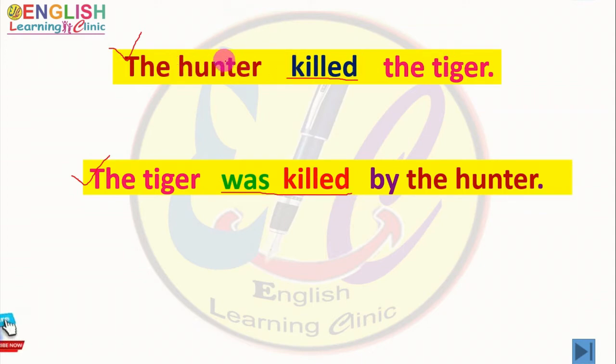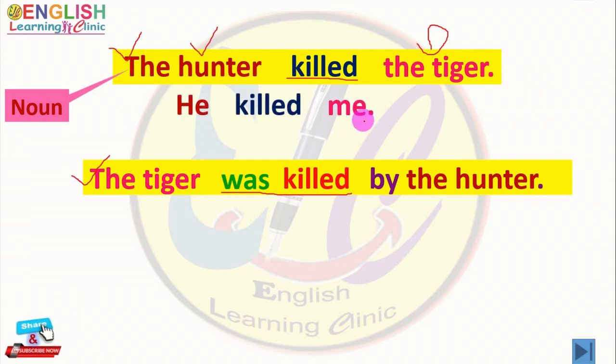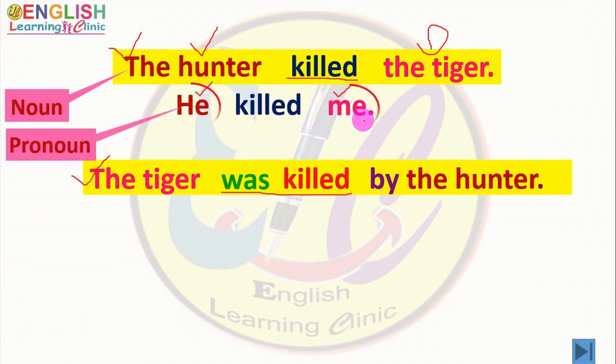In this sentence, the doer and the receiver of the action are both noun. If the sentence is he killed me instead of the hunter killed the tiger, here look at this sentence. The doer and the receiver of the action both are pronouns.